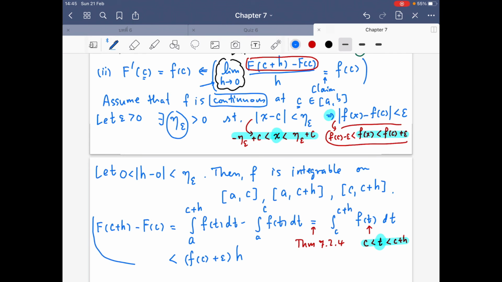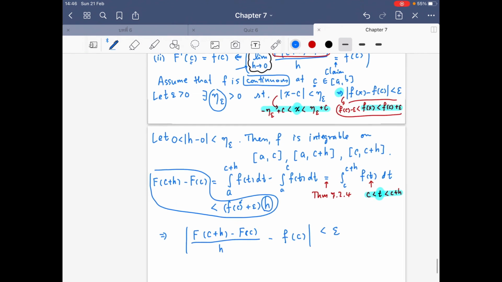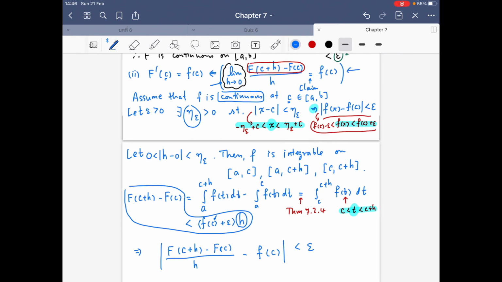What is it that you have here? It means that your F(c plus h) minus F(c), you divide by h first and then subtract f(c) and take the absolute value, will be less than your epsilon, right? Which is this limit.